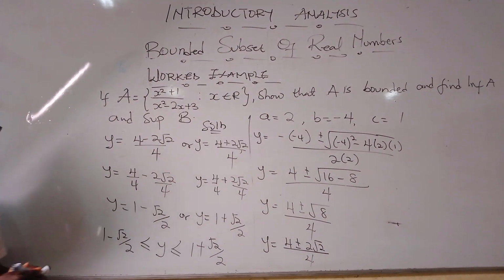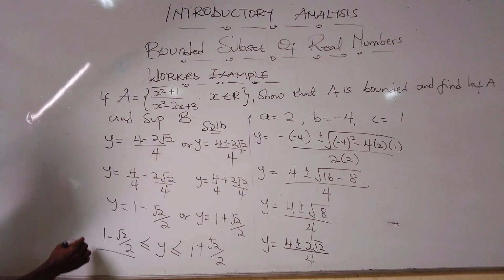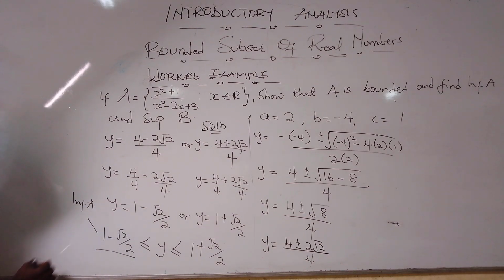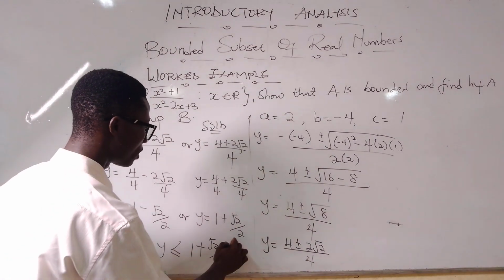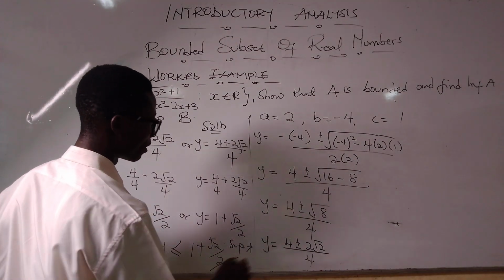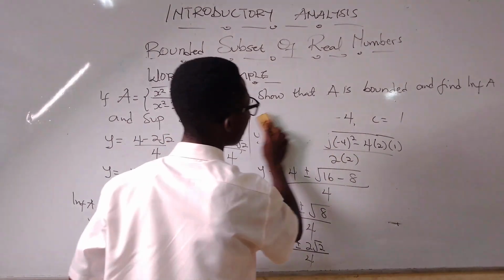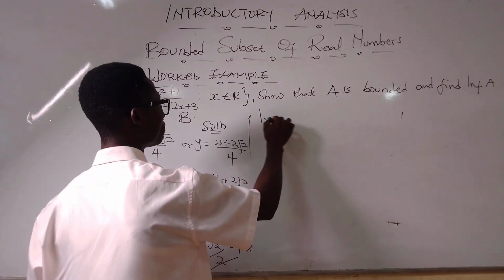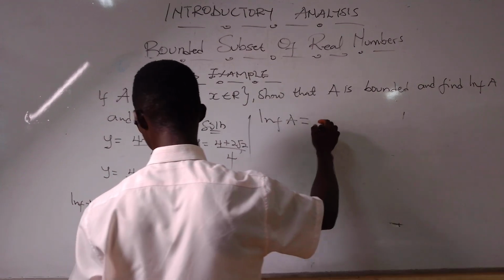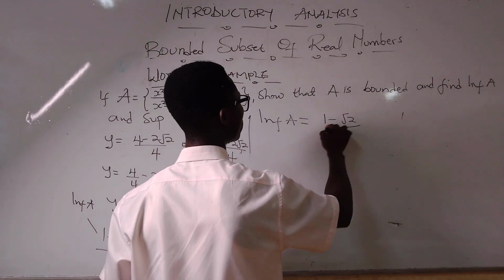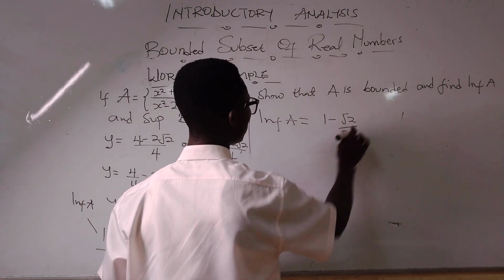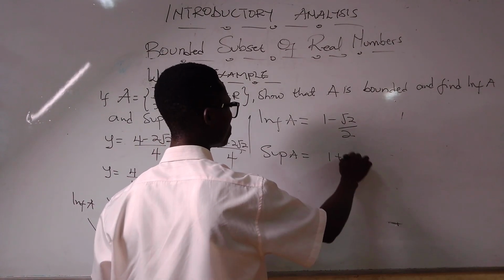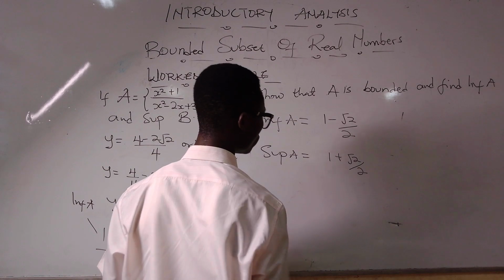So you can see that this part is called the infimum of A, and this part is called the supremum of A. So let me write it again. I'll have inf A equal to 1 minus root 2 on 2, and then sup A equal to 1 plus root 2 on 2.